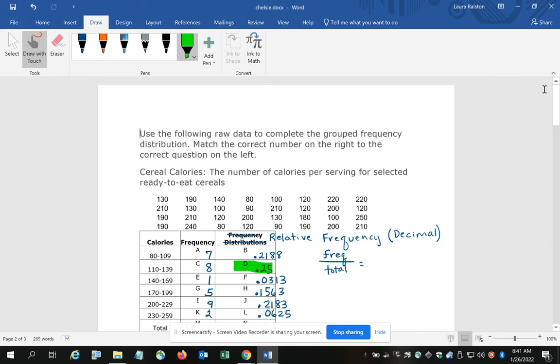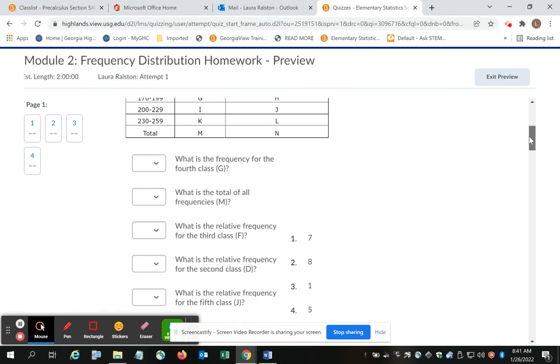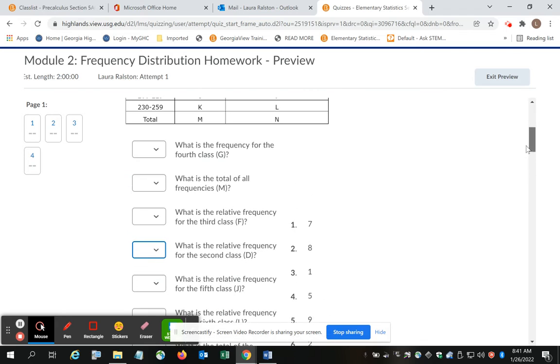So on the drop-down menu in D2L, let me toggle over there. Okay, mine's in a different order. So let me find what is the relative frequency for the second class. We decided that was option number 9.